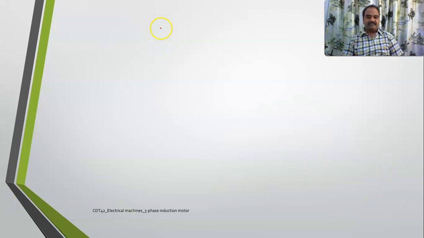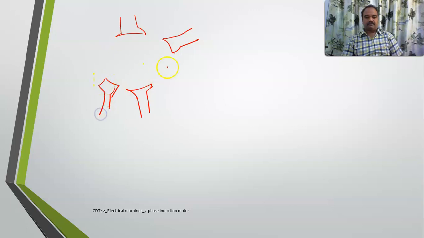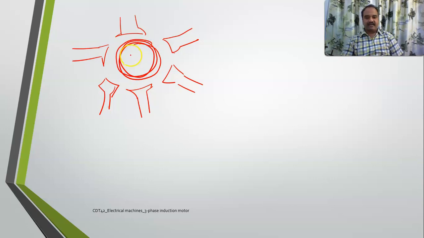So what actually happens in a three-phase induction motor? I'm not a good artist, but I'm trying. Once again, I'm repeating it. Now, see, this magnetic field which is being developed by the three-phase supply is varying with respect to time. Now, I'll use a conductor here.